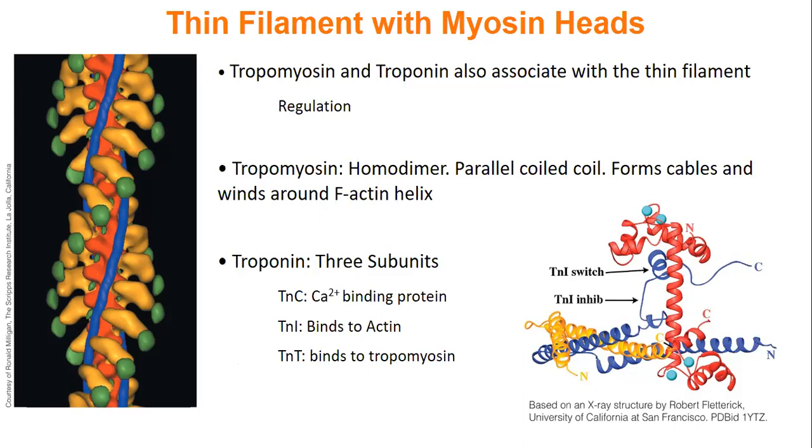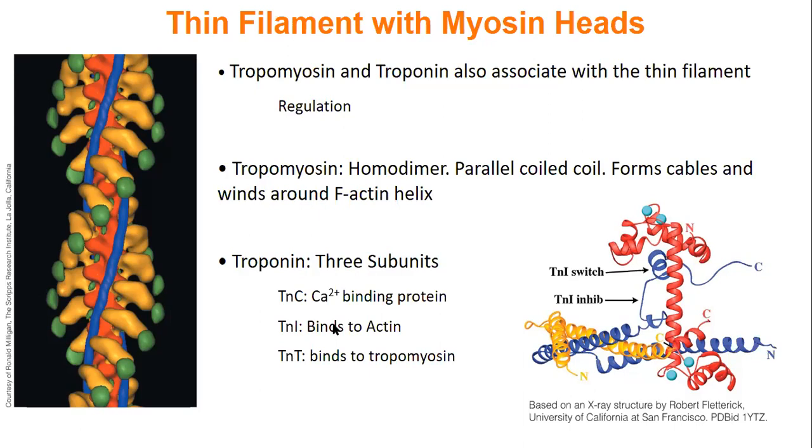I want to say the blue is your tropomyosin, wrapping around. The red is your actin. And I believe the yellow stuff is the troponin. So the yellow will be removed, which removes the blue, which allows access to the red. I should have reviewed that picture, but I believe that's what's going on.